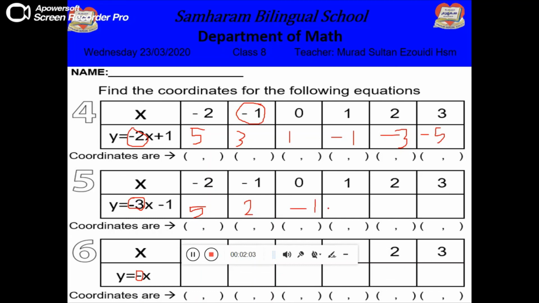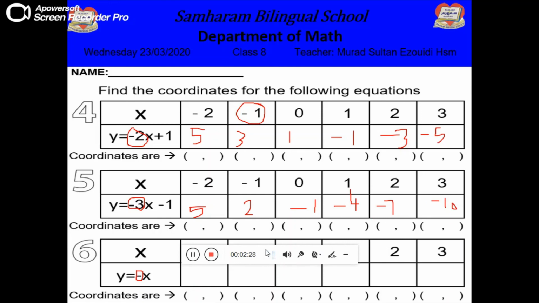When x equals 1, negative 3 minus 1 is negative 4. Then negative 3 multiplied by 2 is negative 6, minus 1 is negative 7. Then negative 3 multiplied by 3 is negative 9, minus 1 is minus 10.